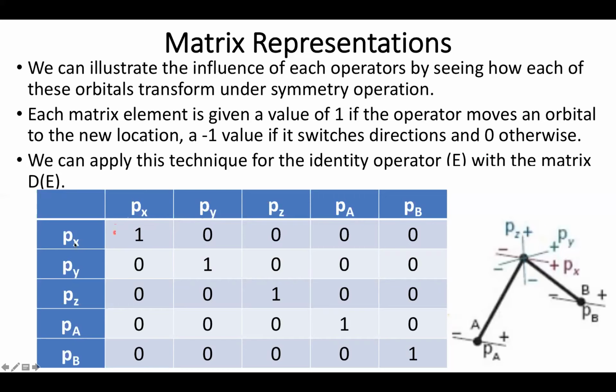So px gets an element of 1, py, pz, pa, and pb. So all of my diagonal elements get a value of 1. Everybody else gets a value of 0 because px has nothing to do with the other 4 orbitals if I do nothing.